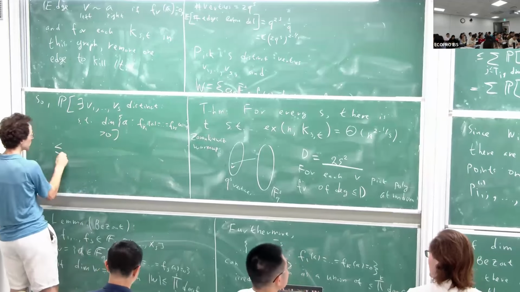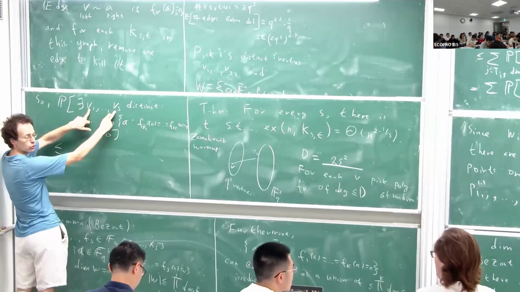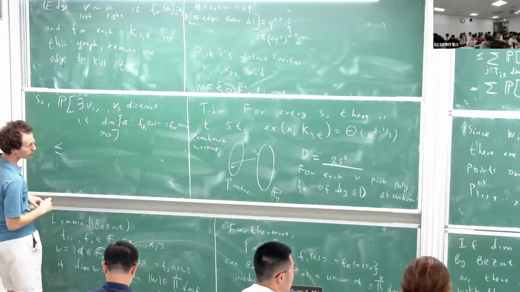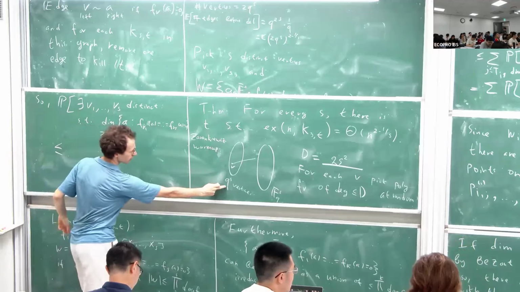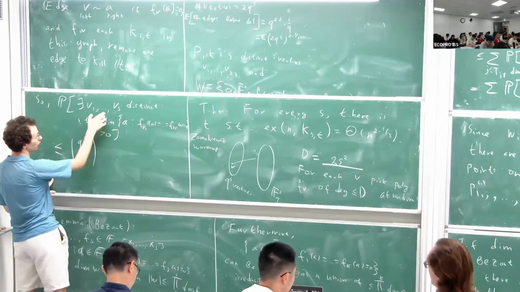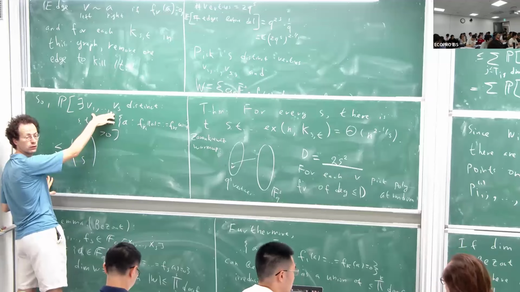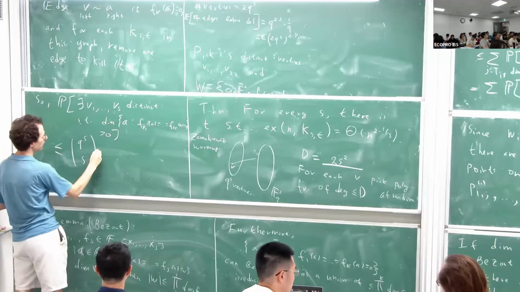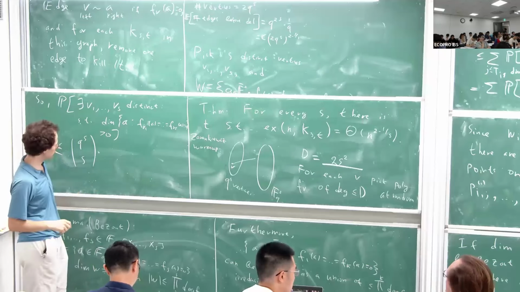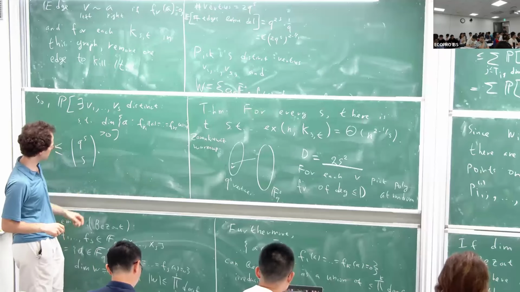Well, it's going to be at most the number of ways to choose these S vertices, right? Our graph has Q to the S vertices on the left, so this is Q to the S choose S ways to choose this S tuple of vertices. For each of them, we are interested in probability P sub D, right?